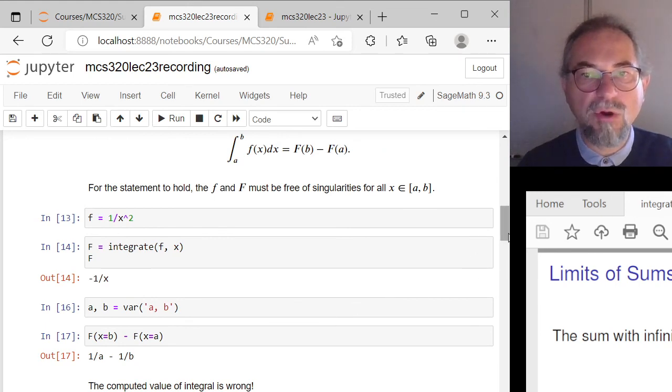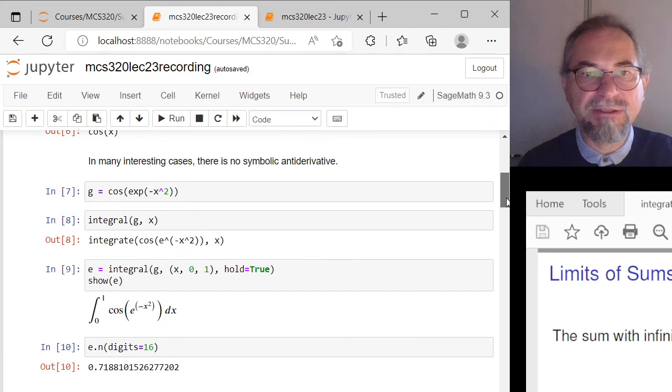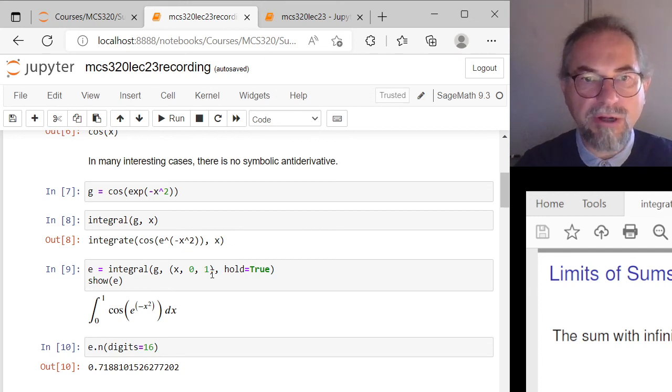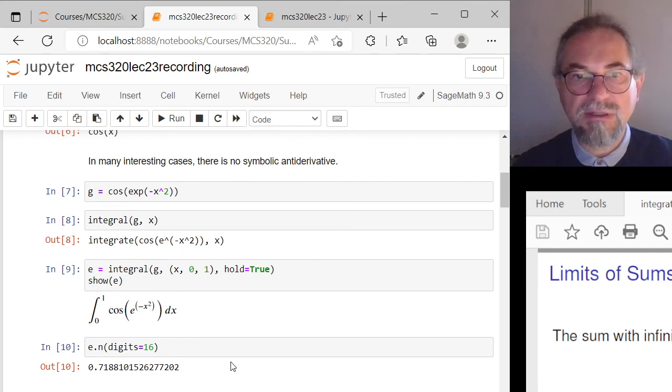So if there is no symbolic antiderivative, like in this example here, then one simply tells Sage, don't bother to try to evaluate this antiderivative, to compute this integral symbolically. And then you do the numerical approximation directly, like we did with the approximations of the transcendental constants such as pi.